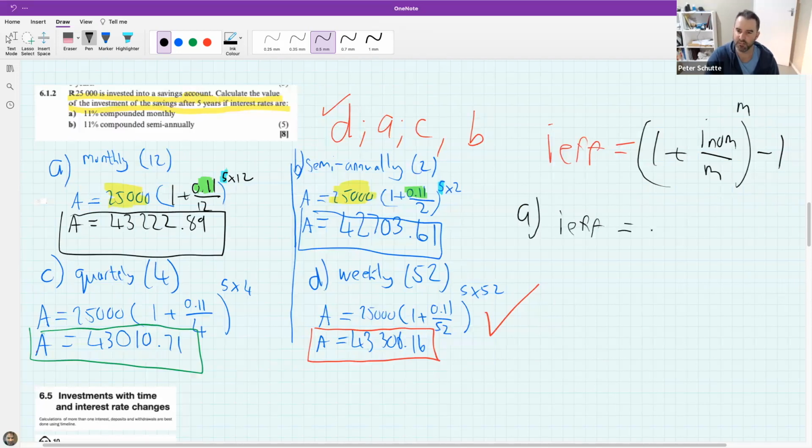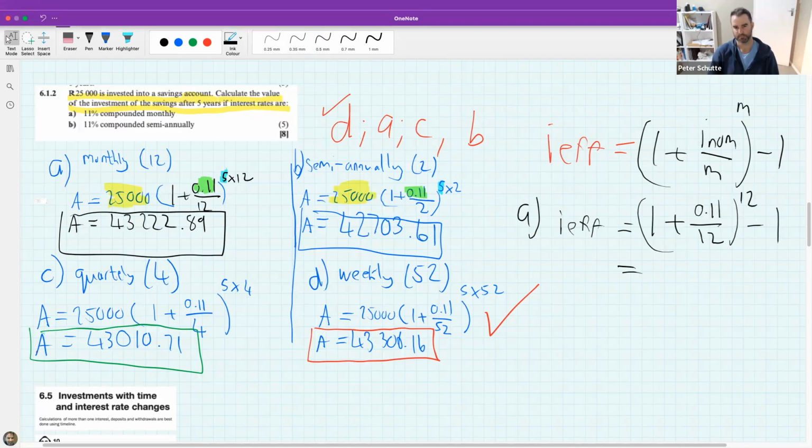So the effective interest rate for compounding monthly from A would be 0.11 divided by 12 to the power of 12 minus 1. And I want you to put that in your calculators and tell me, what do you get? Out of curiosity, what do you get for that?